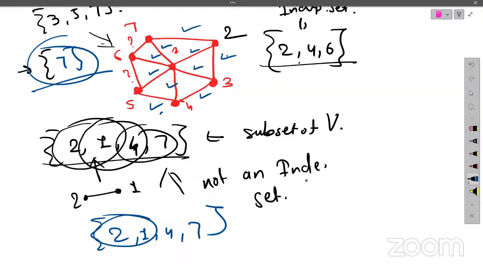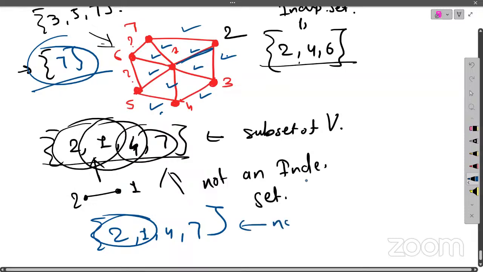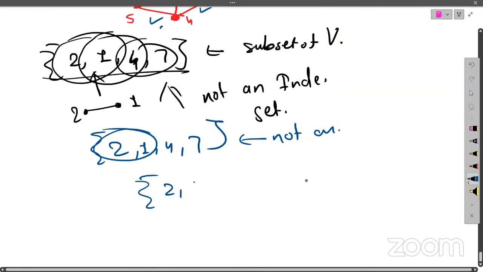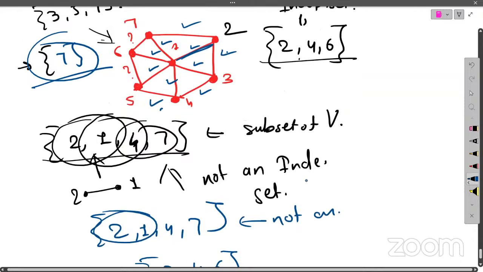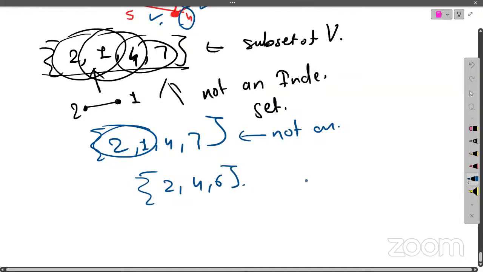There is a direct edge from vertex 1 to vertex 2. So this is not an independent set. But if you consider the subset 2, 4, and 6, then 2 and 4 are not connected by a single edge, 4 and 6 are not connected, and 6 and 2 are not connected. So such a subset is known to be an independent set.